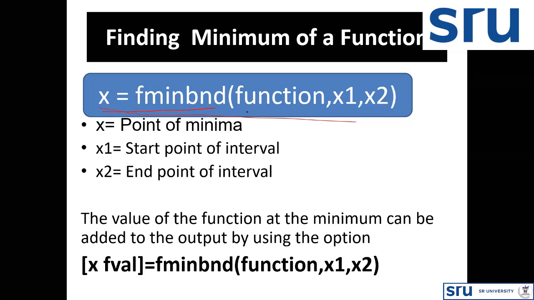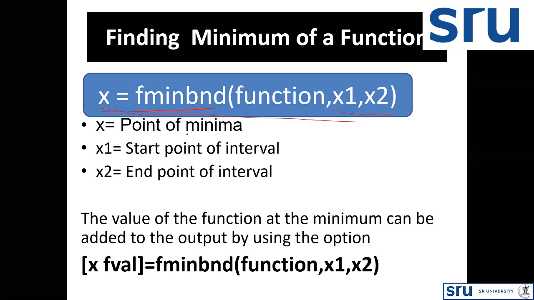Suppose in the previous example we had a function and you have to find its maximum and minimum value. Then x1 and x2 are the limit values, and between those limits you have to find the minimum and maximum value.